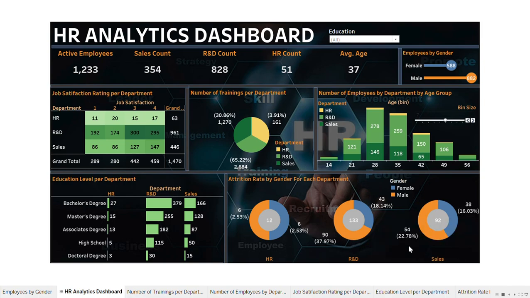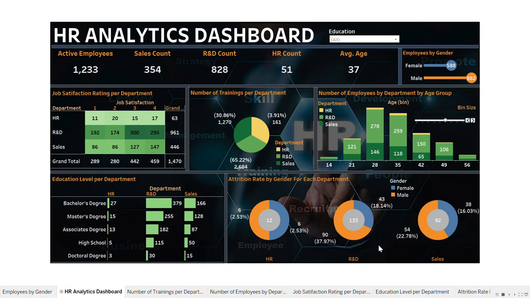So this will inform you of say which gender is leaving the company more, maybe which department has a higher rate of members who are leaving the department or the company, and maybe you come up with strategies on how to retain the employees.